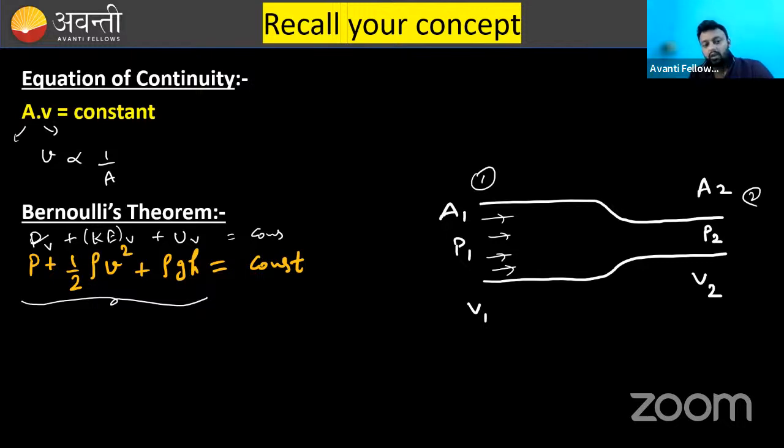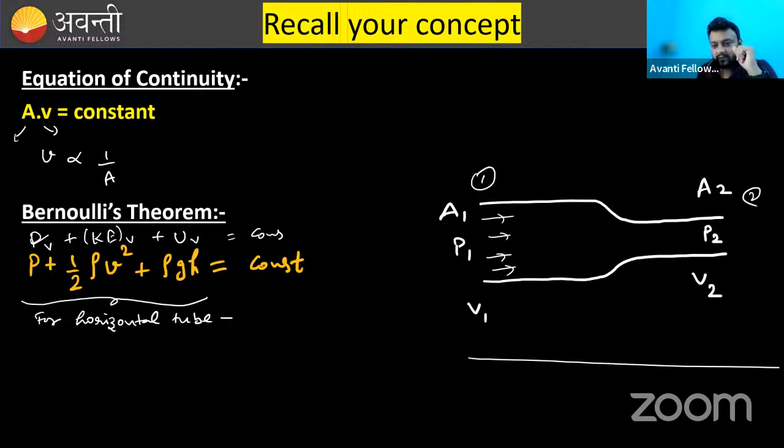Now, what if I say there is one more important application that is quite often used, for a horizontal tube? In a horizontal tube, the height of both the ends is the same, like the situation shown in the diagram.